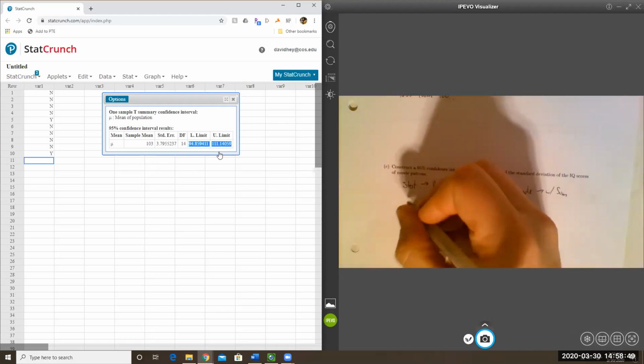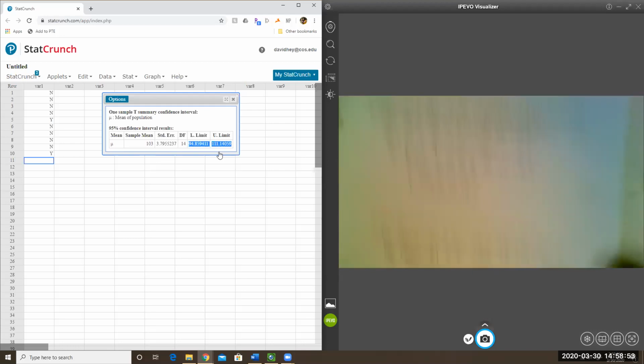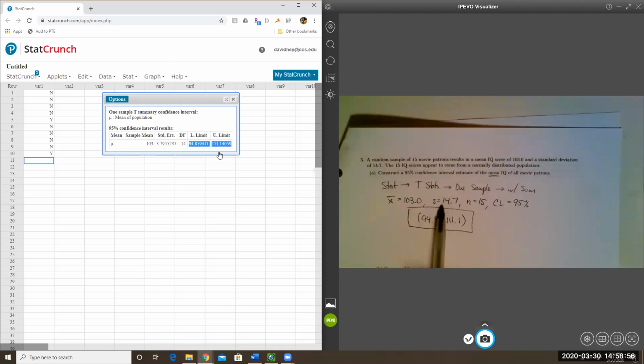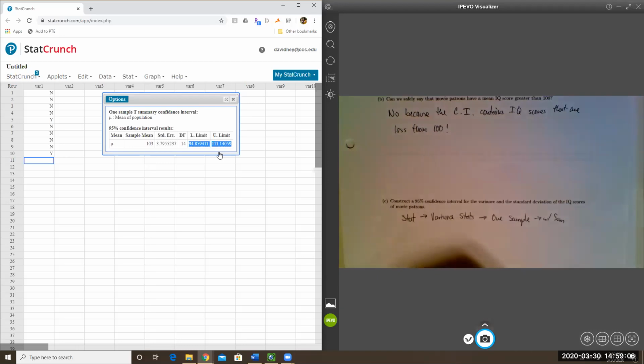For the sample variance, now notice, this is something that messes students up all the time. Notice that here we were given the sample standard deviation. We were told the standard deviation is 14.7. Well, the standard deviation is the square root of the variance, or in other words, the variance is the standard deviation squared.